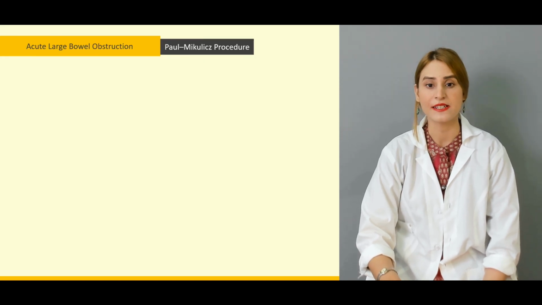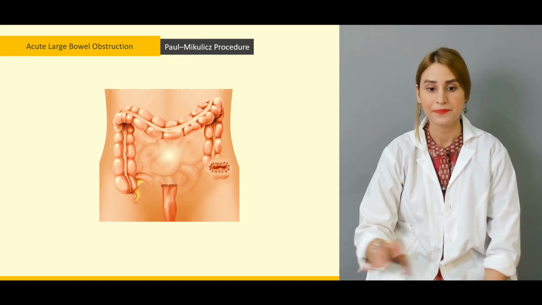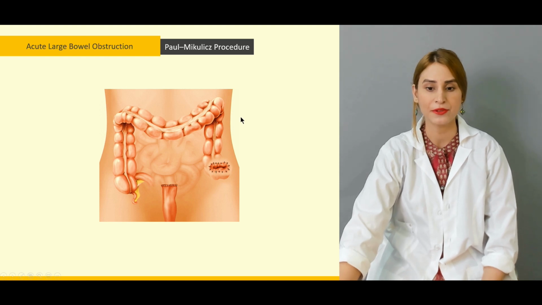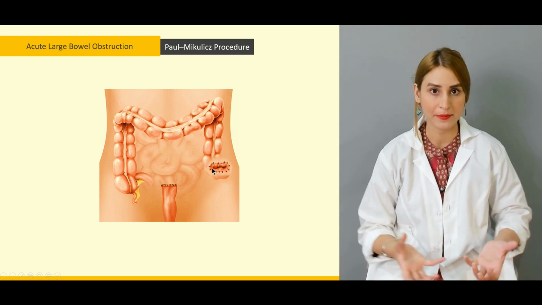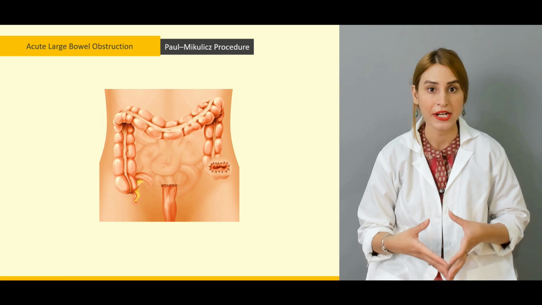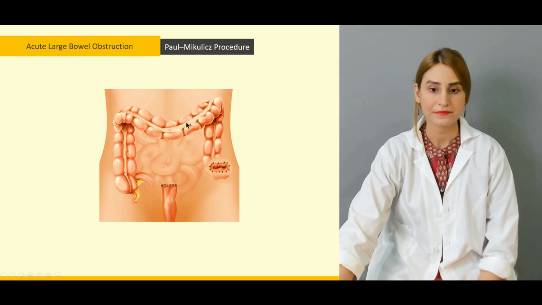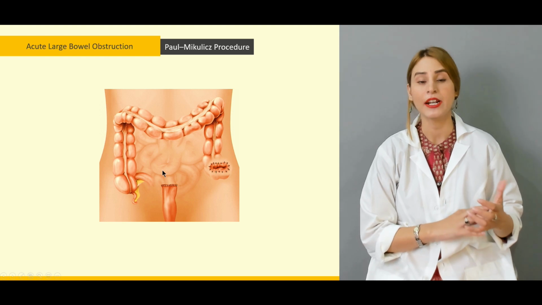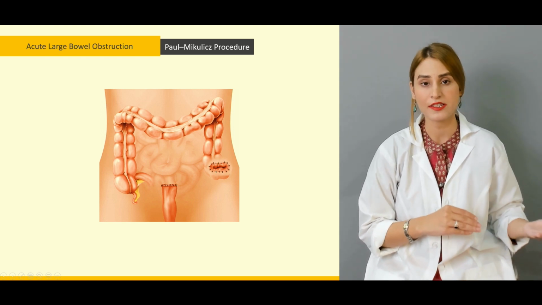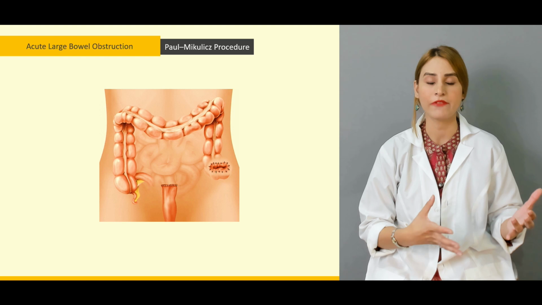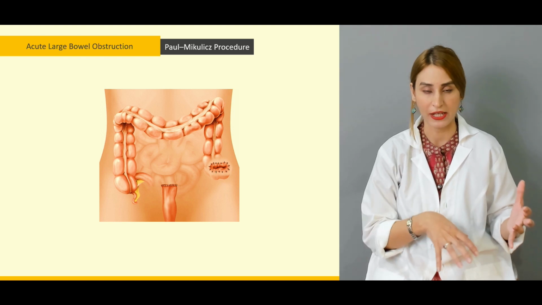The other procedure is the Paul-Mikulicz procedure. In the Paul-Mikulicz procedure, you bring both the segments to the exterior through the abdominal wall. Let's suppose this was the resected portion, and this is one colostomy, and this is the other colostomy. In the Hartmann procedure, you were bringing out only one colostomy, and the other non-functional Hartmann pouch, the distal portion particularly, was kept in place.